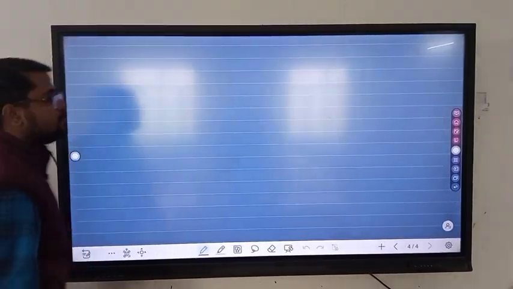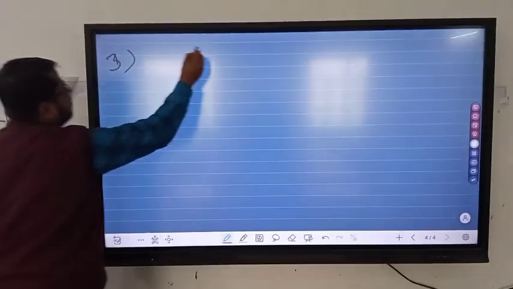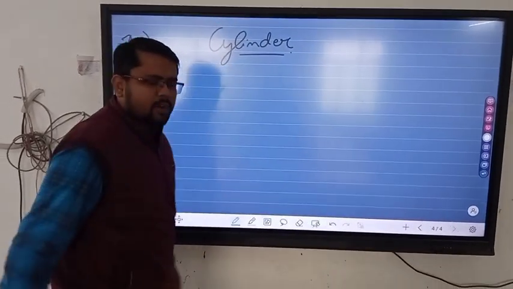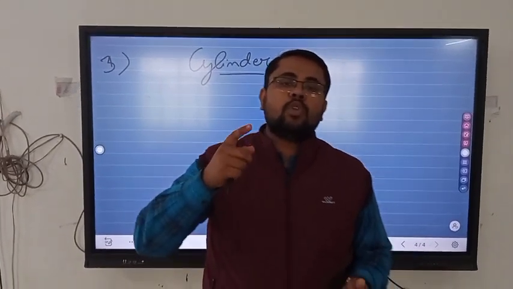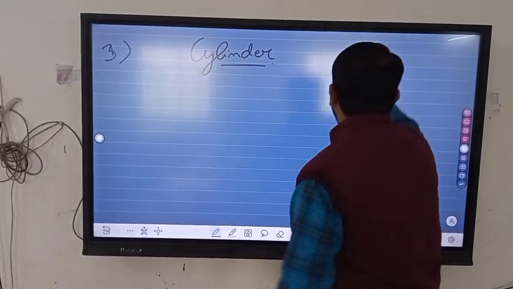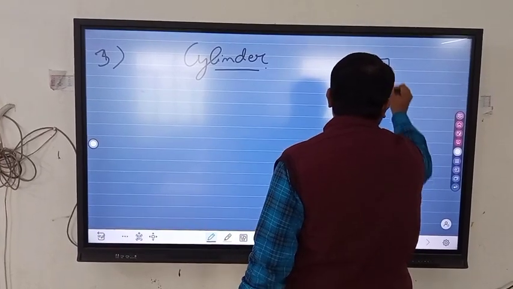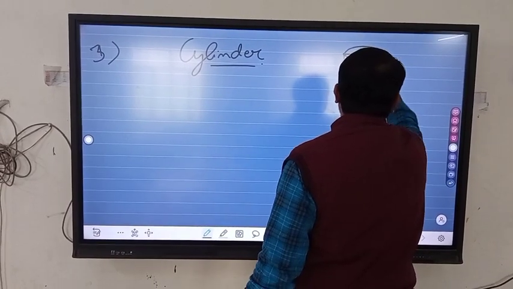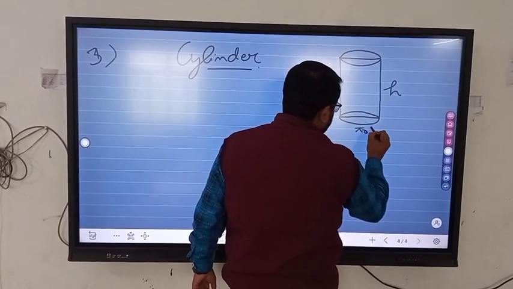Now come to the next shape. This is cylinder. Okay, what is cylinder? The circular part of rectangle is known as cylinder. The diagram of cylinder is this. This is H and this is r square.